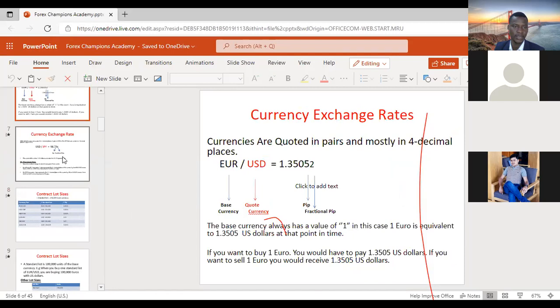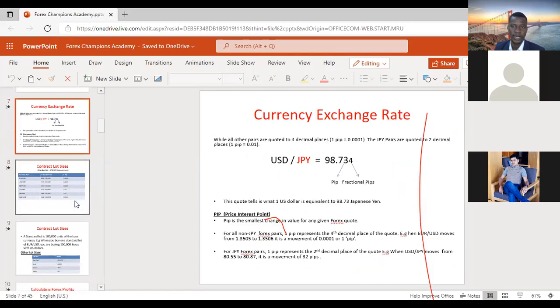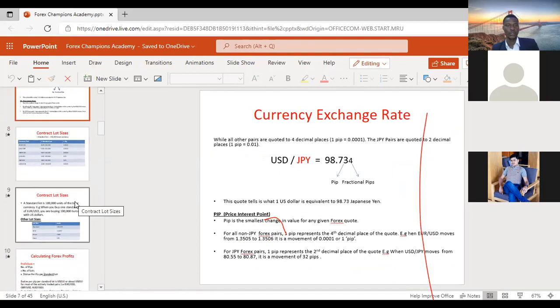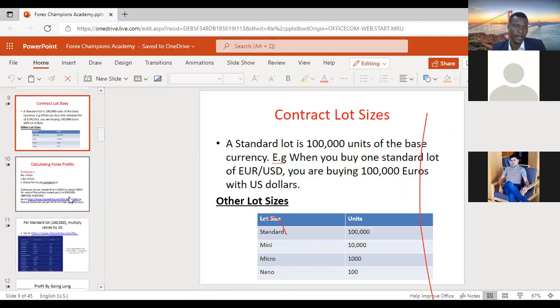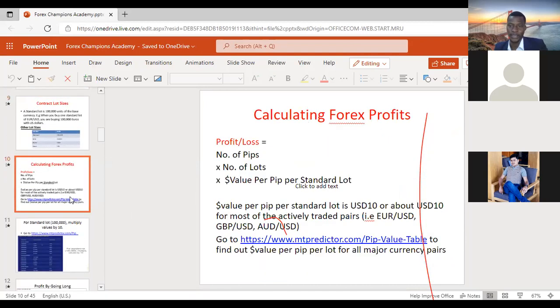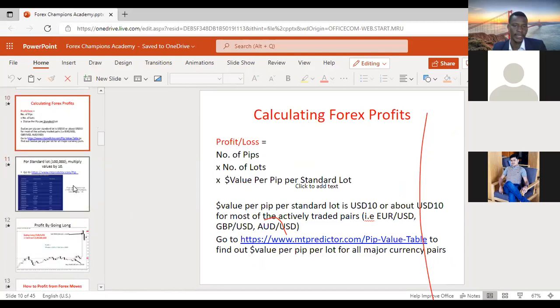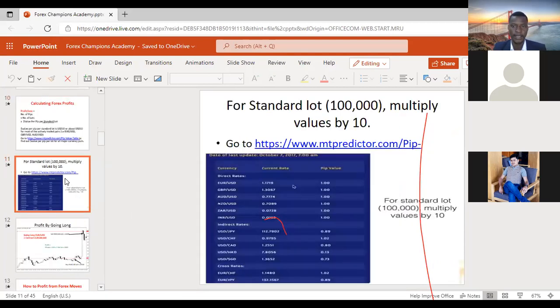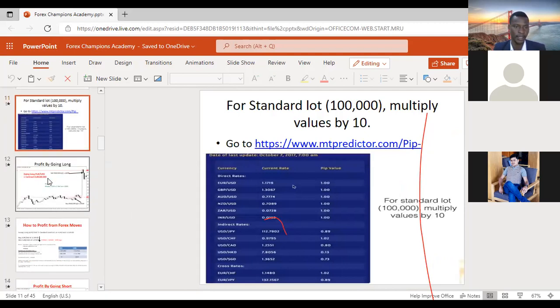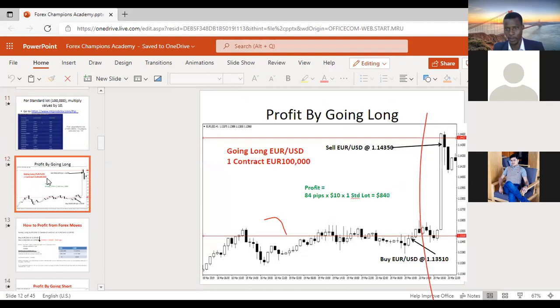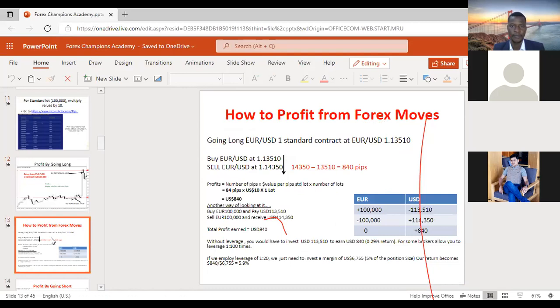We'll look at currency exchange rates, contract lot size, and calculating Forex profits. We'll look at standard lot size, and how to enter, where to enter, and how to enter. Then we'll look at profits.